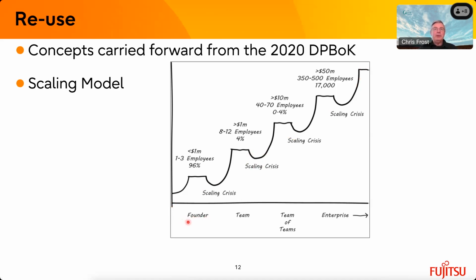In the beginning, you just have a singular founder or maybe one or two founders of a company, as it says here, 1 to 3 employees, quite a small organization at that point. Then if that continues to grow and succeed, you find yourself with a team, and continuing to grow to teams of teams.